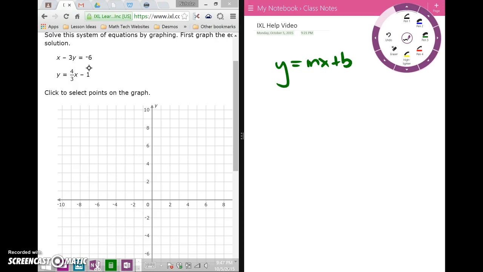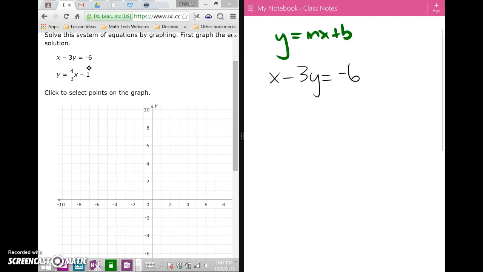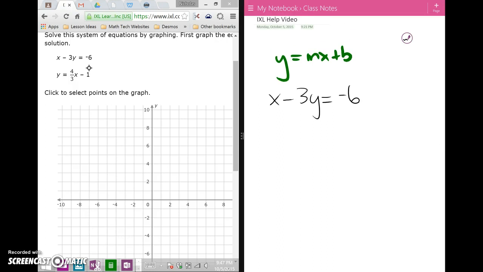Our equation is x minus 3y equals negative 6. Now, a lot of mistakes I always see with you guys is you forget the signs. Please remember and be careful to be intentional about writing those signs correctly. Take your time. I'm going to choose a different color here for my first step.